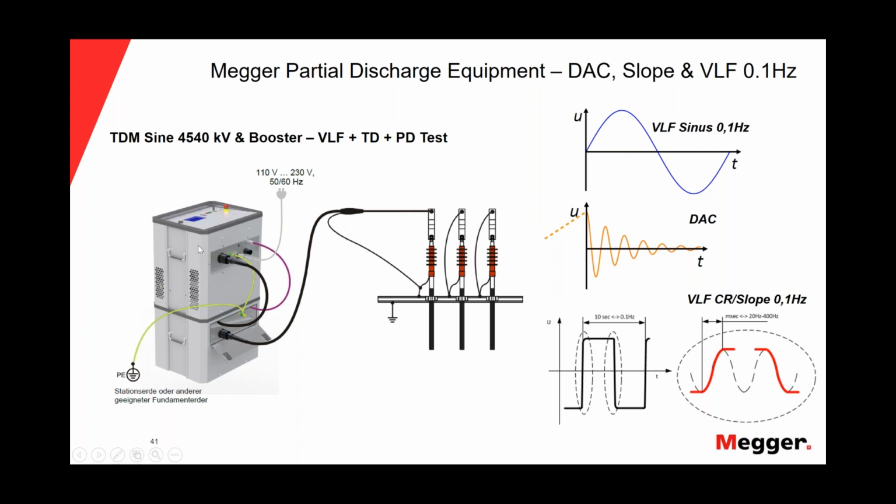And of course, as this is a BLF sine wave shape unit, we can use the BLF sine 0.1 Hertz wave shape to do the tan delta. So with the TDM Sin 4540 kV, we will have access to all the more important wave shapes that we use for the BLF test, for the tan delta, and for the partial discharge test.